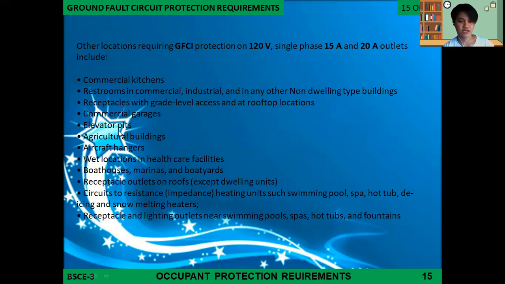Commercial garages, elevator pits, agricultural buildings, aircraft hangars, wet locations in healthcare facilities, boat houses, marinas, and boat yards, receptacle outlets on roofs except for dwelling units, circuits to resistance heating units such as swimming pool, spa, hot tub, deicing and snow melting heaters, receptacles and lighting outlets near swimming pools, spas, hot tubs, and fountains.